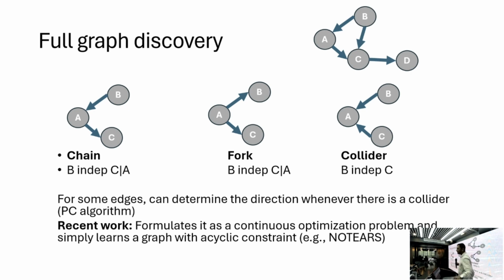You might think it's a harder problem, but actually it becomes easier because of these three graph structures that I want you to look at. We've seen this before in D-separation, but let me go through it again.